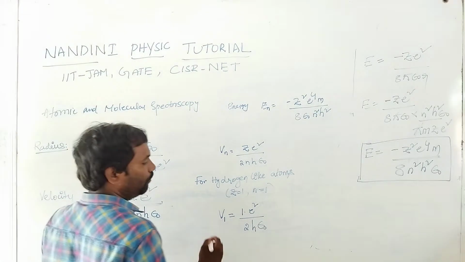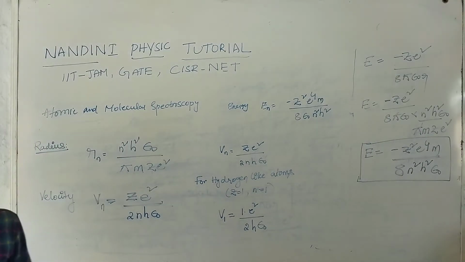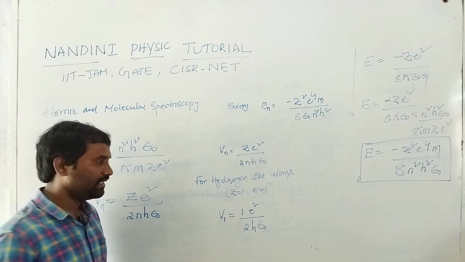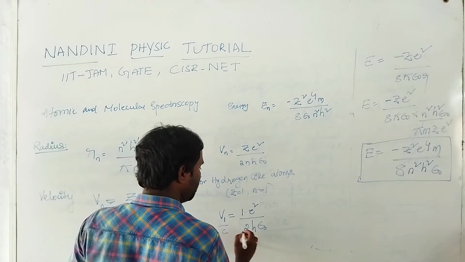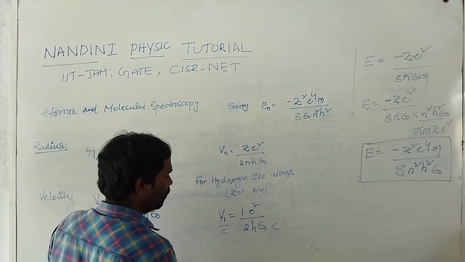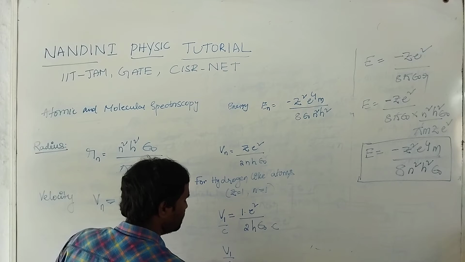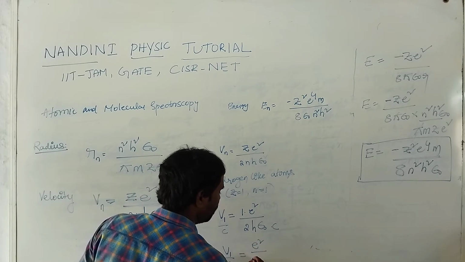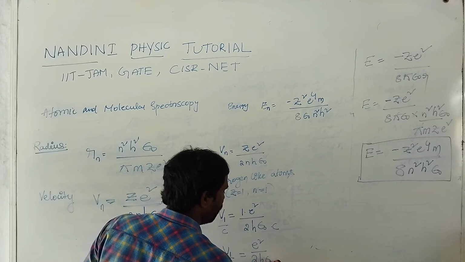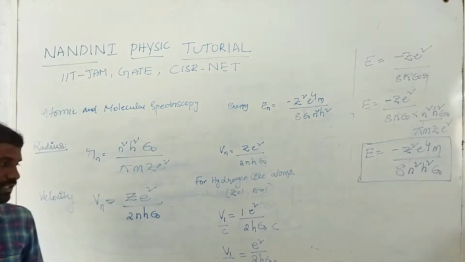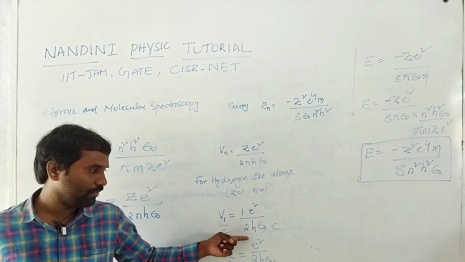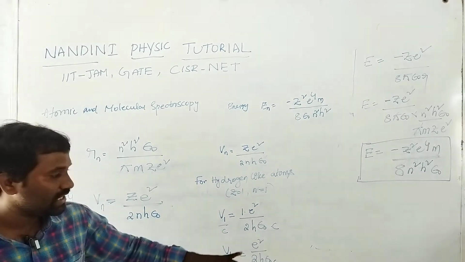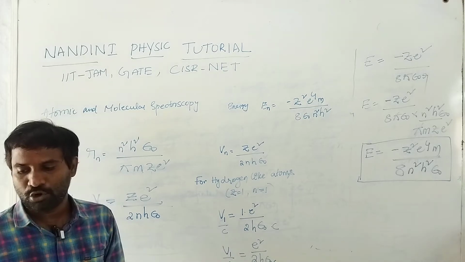Understand? For simplicity, I will divide both sides by c. So V1 by c is equal to e square by 2h epsilon naught c.